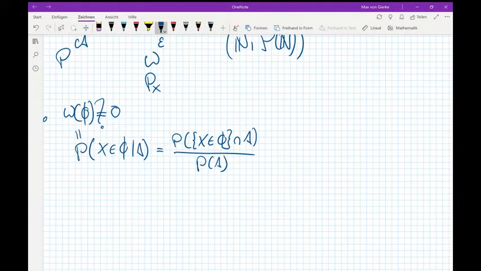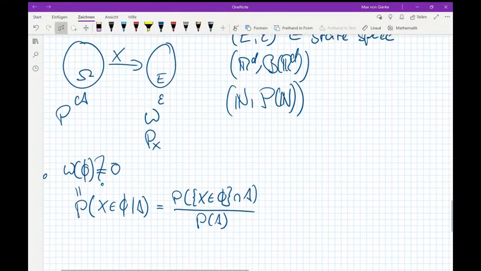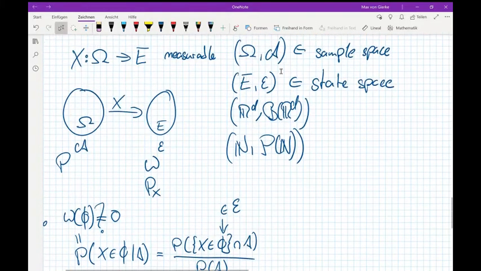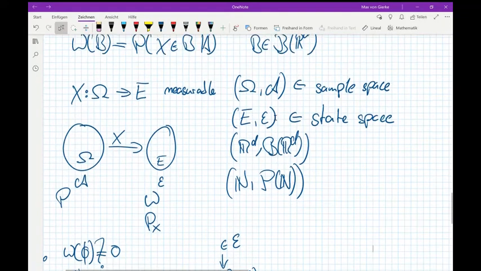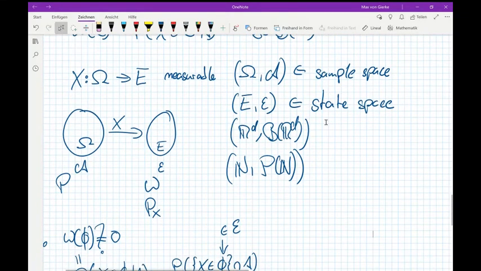Okay, and here is where it gets a bit confusing again with measure theory, because this empty set is an element of our sigma field, in this case Borel(R^d), but it's in our state space.